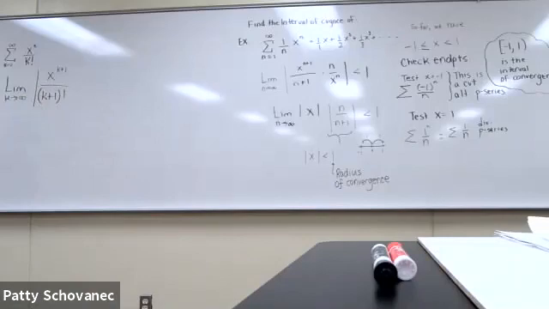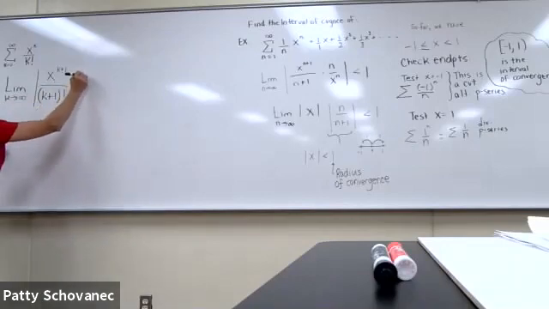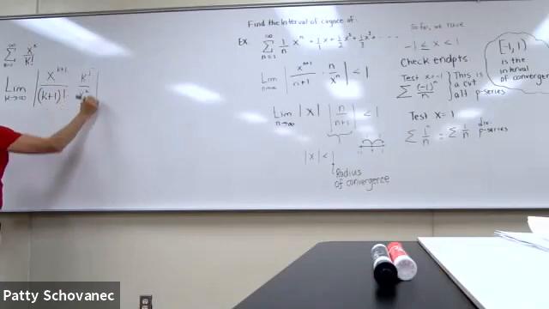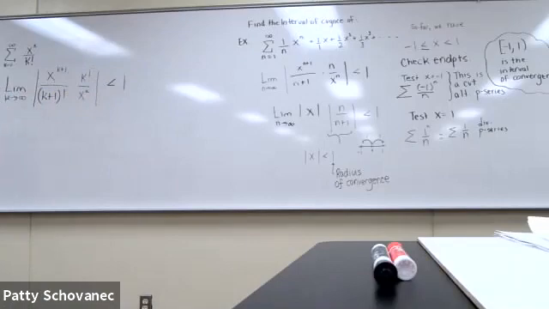x to the k plus 1, divide by k plus 1 factorial. And then we divide by that, which puts the k factorial here and the x to the k here. Set it smaller than 1 and solve for x. So we can go ahead and cancel this one with that one.